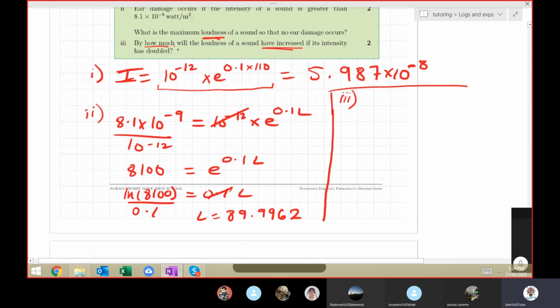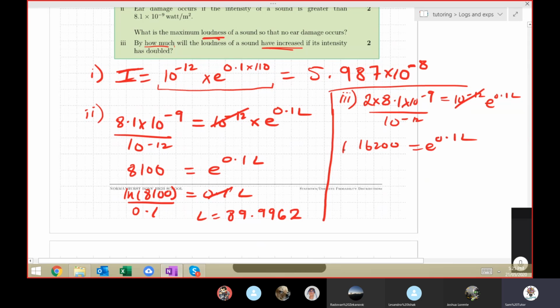All it's saying is that the intensity now, instead of being 8.1 times 10 to the power of negative 9, is 2 times 8.1 times 10 to the power of negative 9. Divide by 10 to the negative 12. You shall get 16,200.